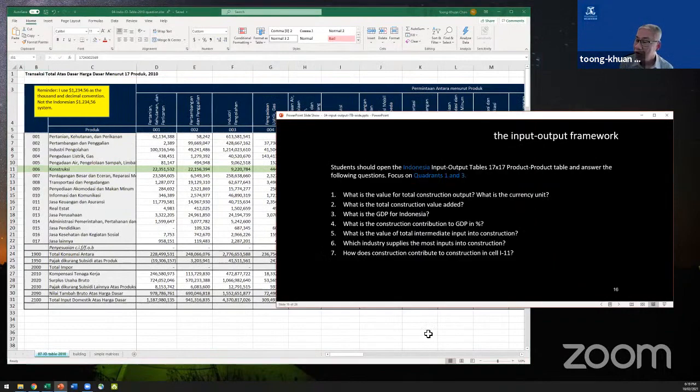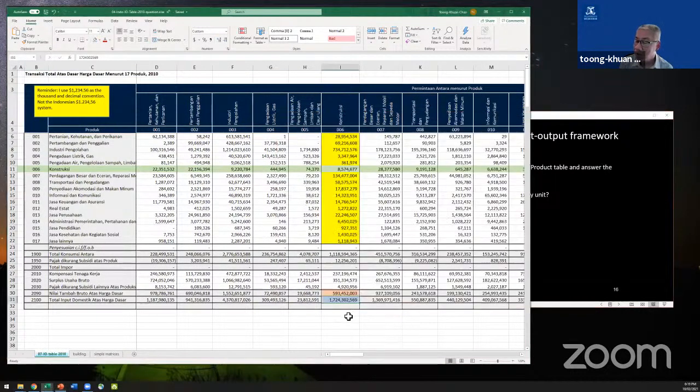What is the currency unit? I think this is 1,724 trillion, right? So just check the units. I think the unit shown in the Excel is million. So 1,724,302,569 million, I think.